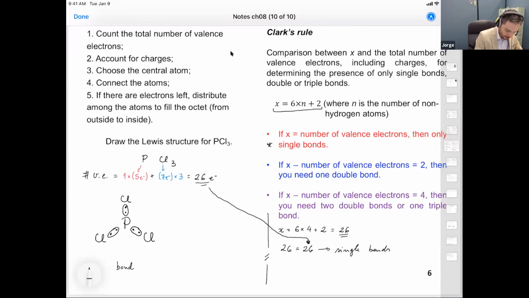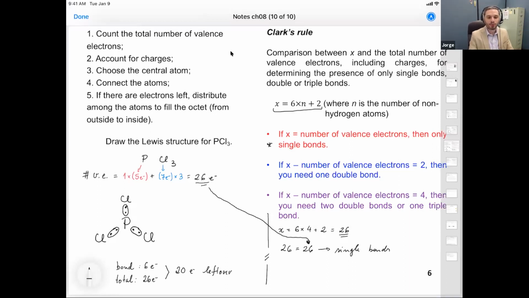To make the 3 single bonds, we spent 6 electrons: 1, 2, 3, 4, 5, and 6. Remember, 2 electrons for each single bond. However, we have a total of 26 electrons. Therefore, we have 20 electrons left over.